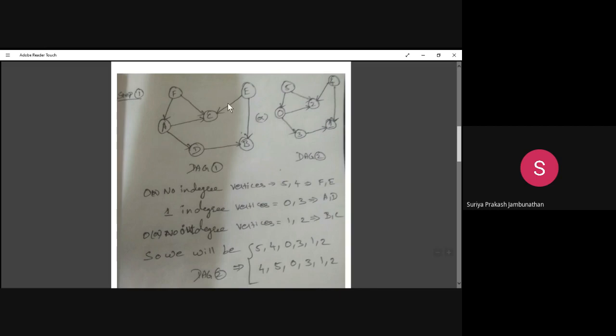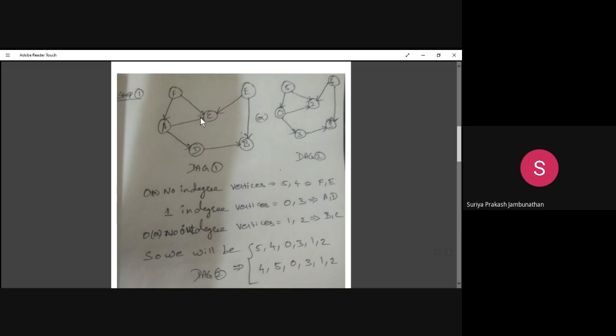In the first graph, can you tell me? D, sir. A. A is 1 degree. Any other? D also, sir. D also 1 degree. Very good. So A having only 1 degree and D having only 1 degree.